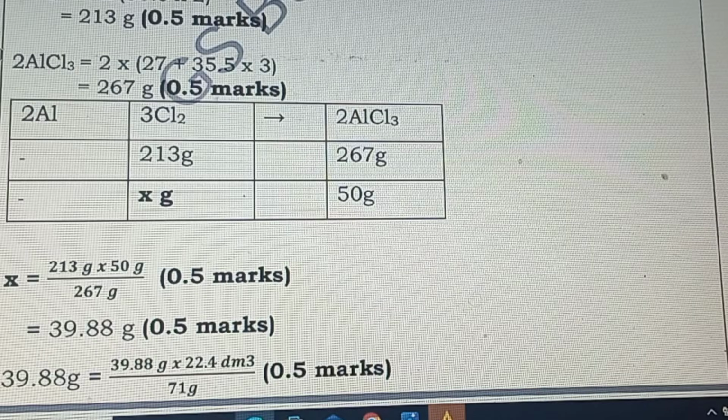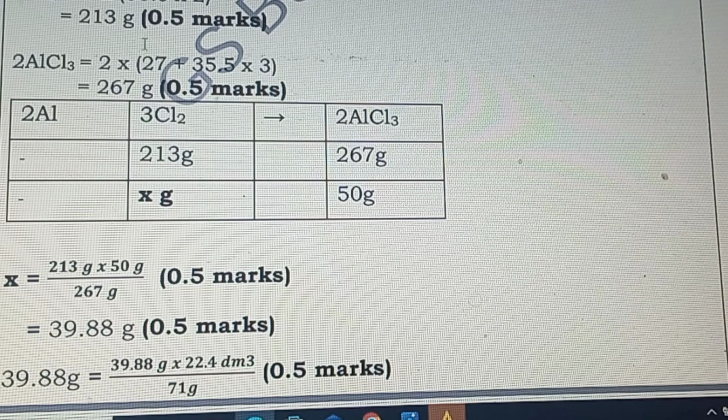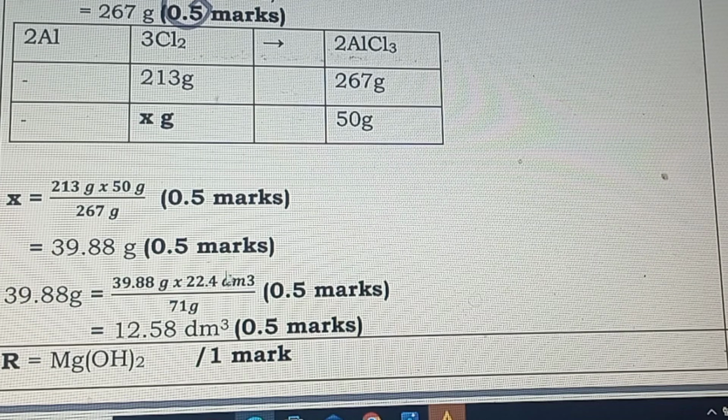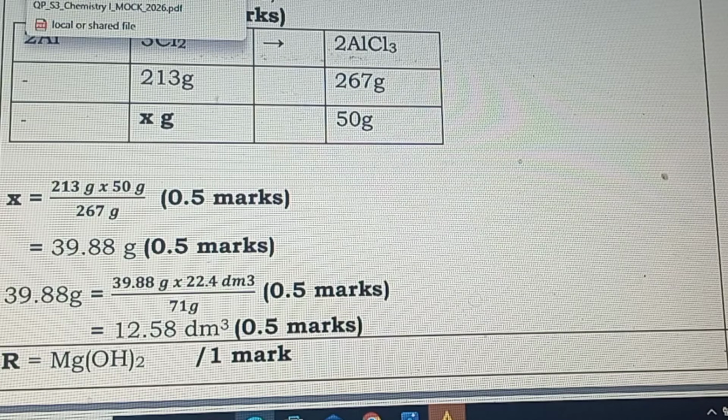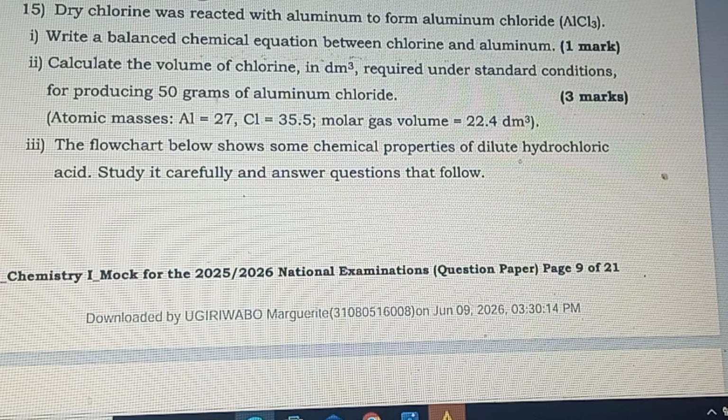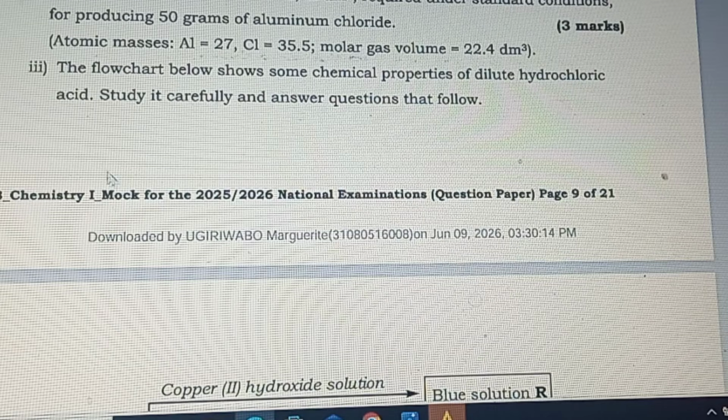You see in the marking guide, this is how you calculate that question, step by step, and this is the solution. If you have any question, please type in the comments. I need to move faster, that is why I'm going to slow.